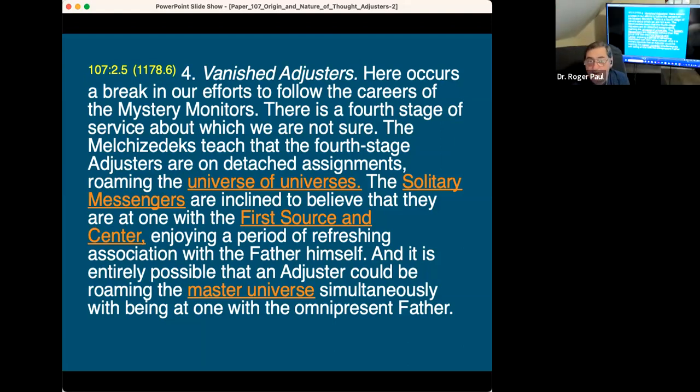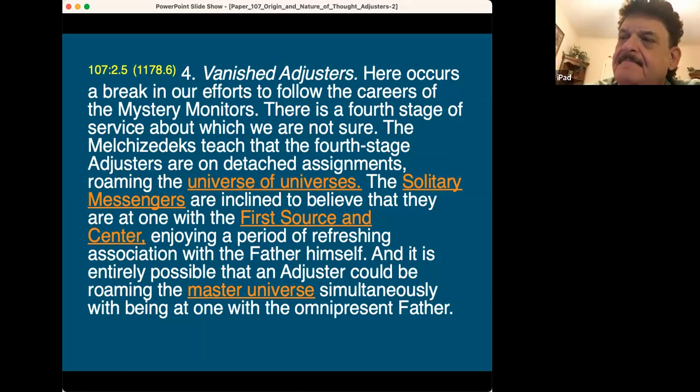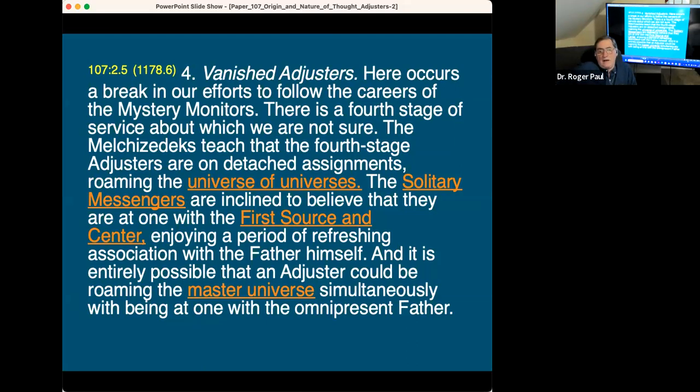Well, it says right here that they're not even sure. So this may have been an adjuster that served with a human being that didn't survive, and they reassigned them to another human being, and that human being didn't survive either, made a choice not to. So they are detached from assignments. And then it says here they could be roaming the universe of universes.